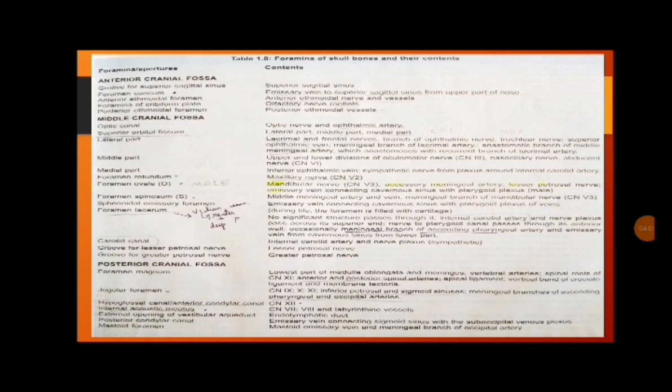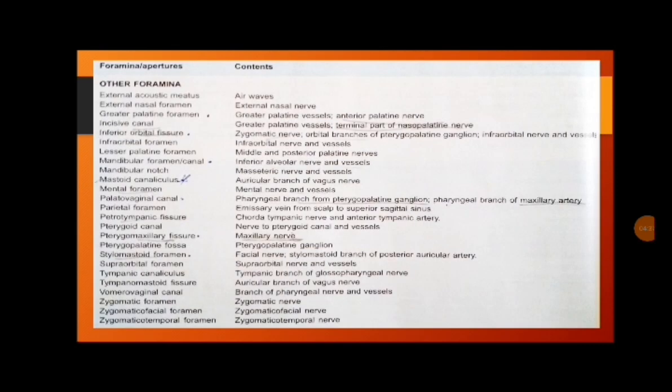Then in the cranial fossa, through the middle part, all these we should know actually for MCQ questions. In general, in BDS examinations they have asked very little, like 2 markers and 5 markers, from this osteology chapter, and they have not asked in depth. For MCQ they have been asking all these foramens.